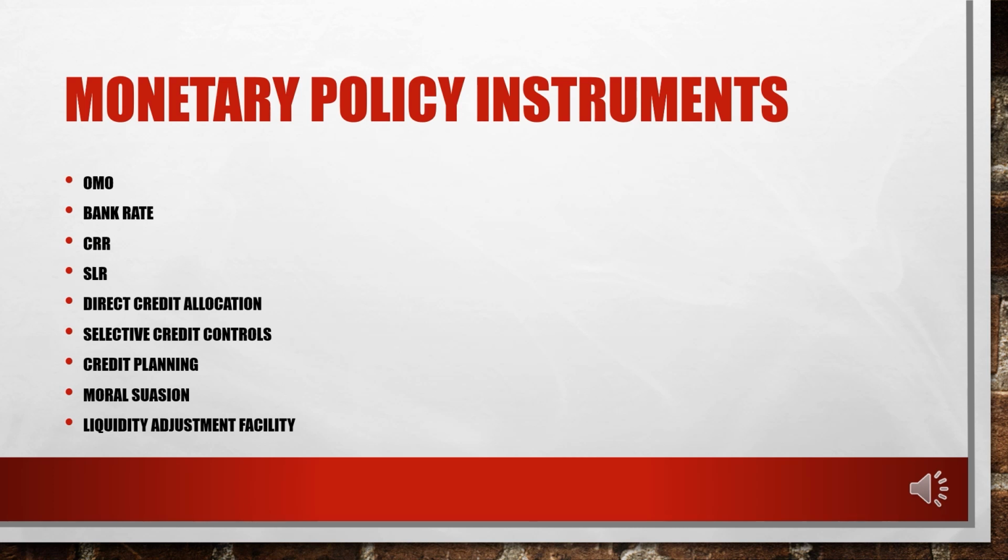So what basically happens in a repo contract is that it's an instrument for borrowing funds by selling securities, with an agreement to repurchase them on a mutually agreed future date at an agreed price, which includes interest for the funds borrowed. So that means commercial banks will borrow from RBI with an agreement that the security can be repurchased later with interest.